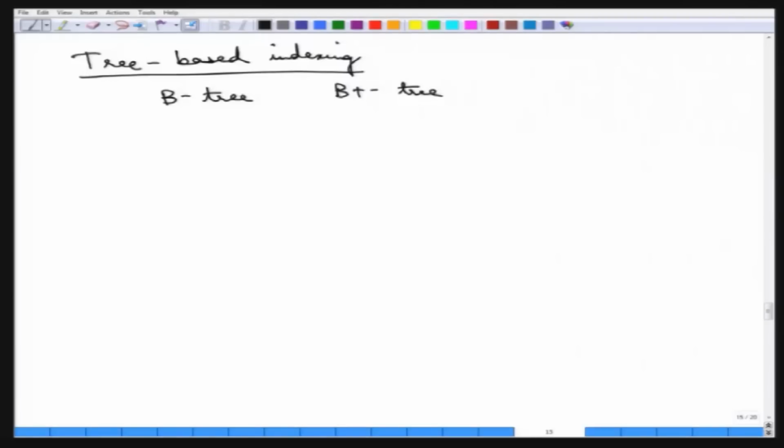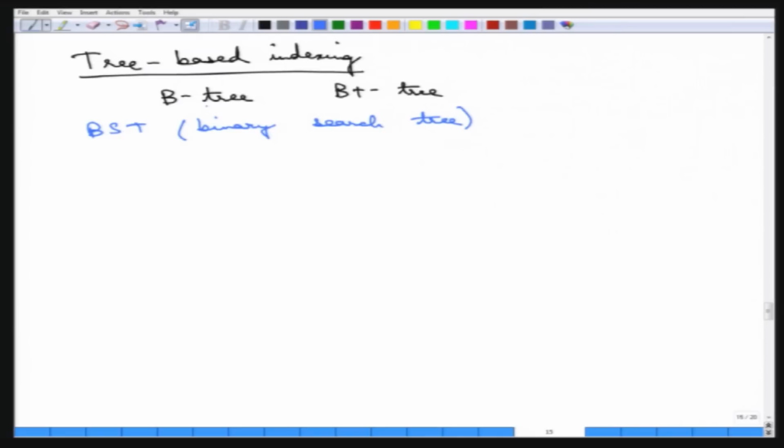The left subtree of that node, the left child, gets all the data that is less than the key that is stored in the node, and the right subtree or the right child gets all the data that is larger than the key that is stored in the node. So that is the binary search tree, and the B tree and the B plus tree build upon that.